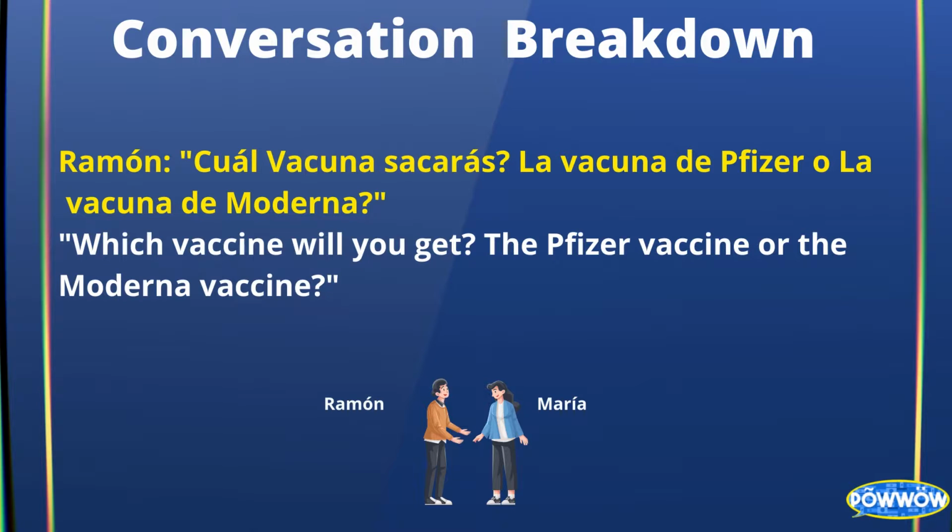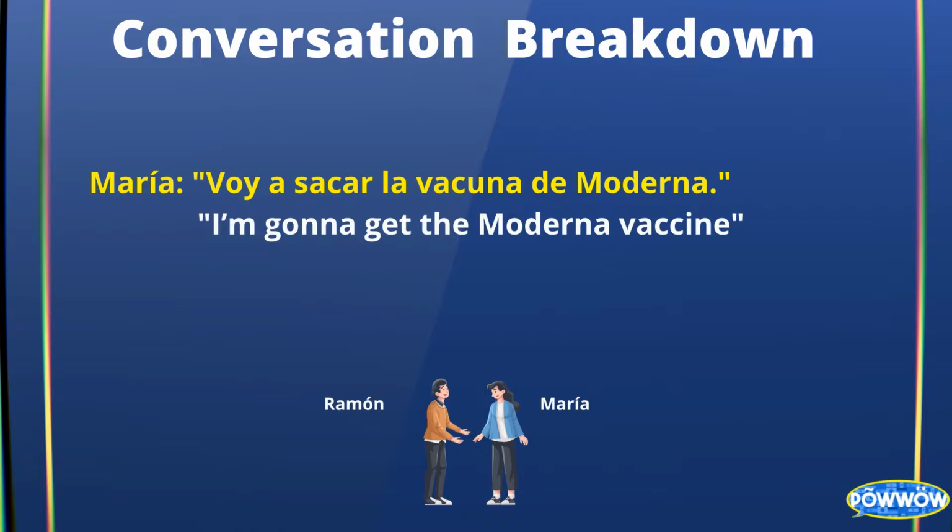Either one of those, they're both correct. And that's how you're able to say Pfizer's vaccine or Moderna's vaccine. Let's continue. And lastly, Maria says, voy a sacar la vacuna de Moderna. She says that she's going to get the Moderna vaccine.